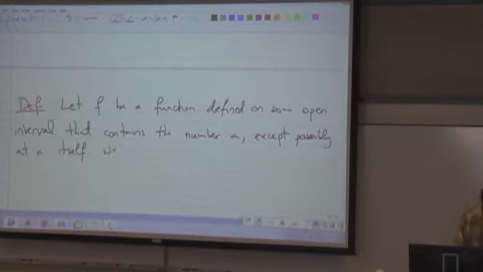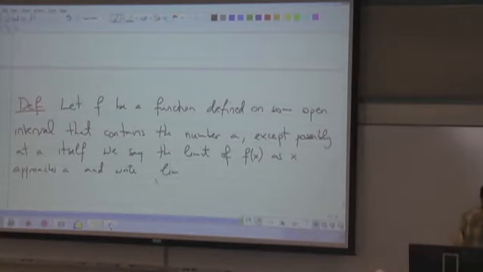We say the limit of f of x as x approaches a, and write the limit as x goes to a of f of x is equal to L. I forgot to say that the limit is L. Sorry about that.